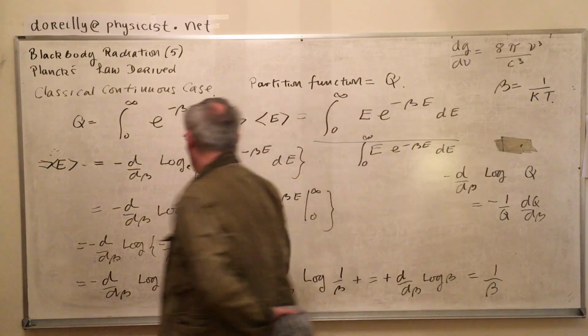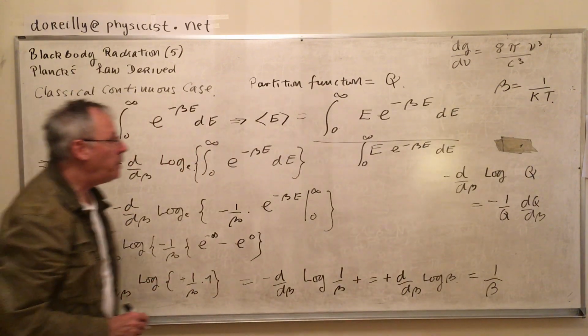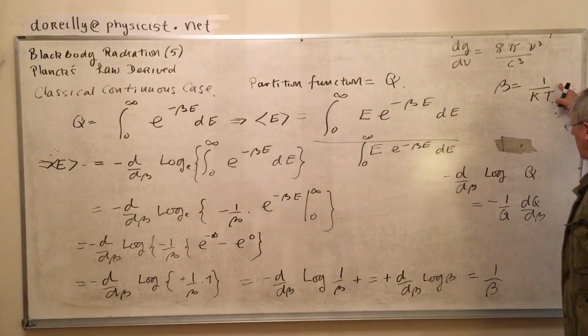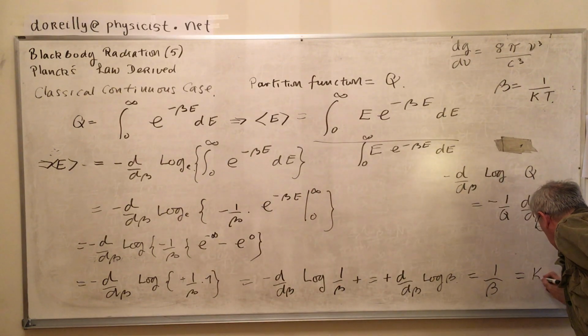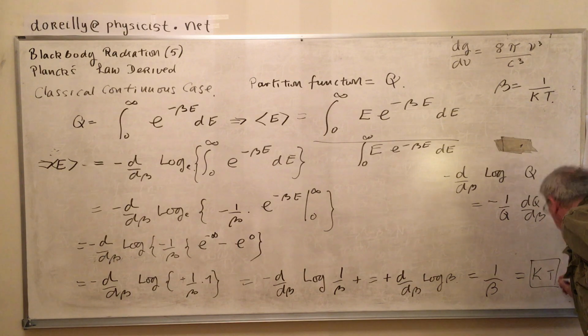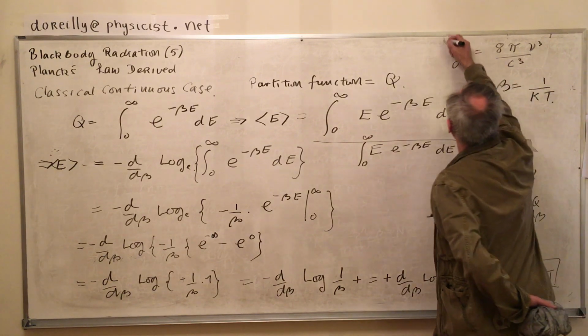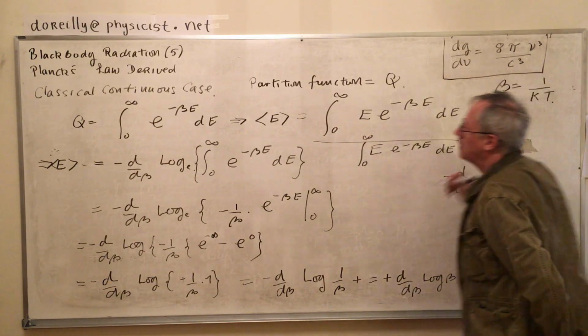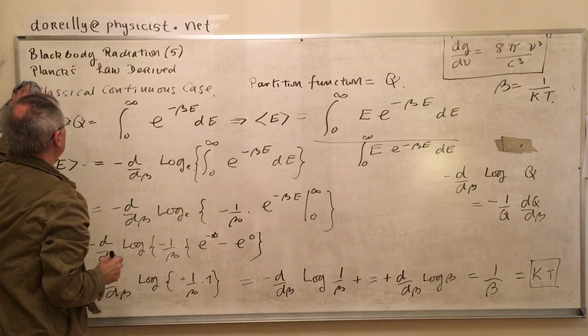Well, d by d beta of log beta is 1 over beta, and 1 over beta is 1 over kT, which is kT. Now we already found what the dg by d nu is, so now we write down our result.